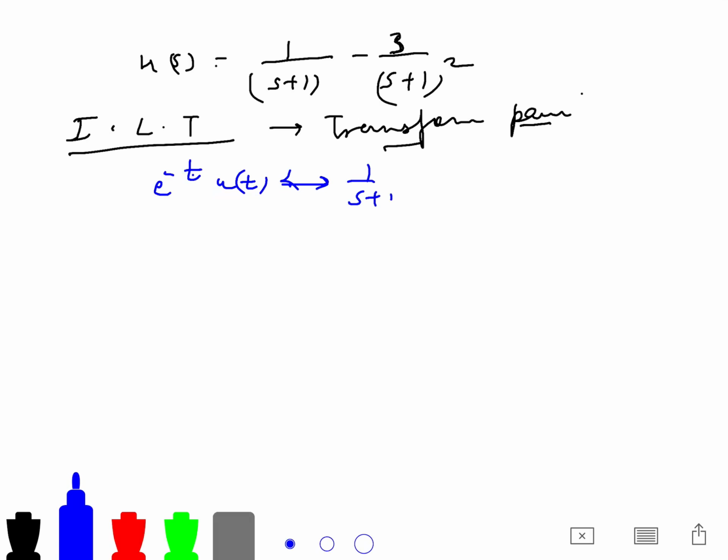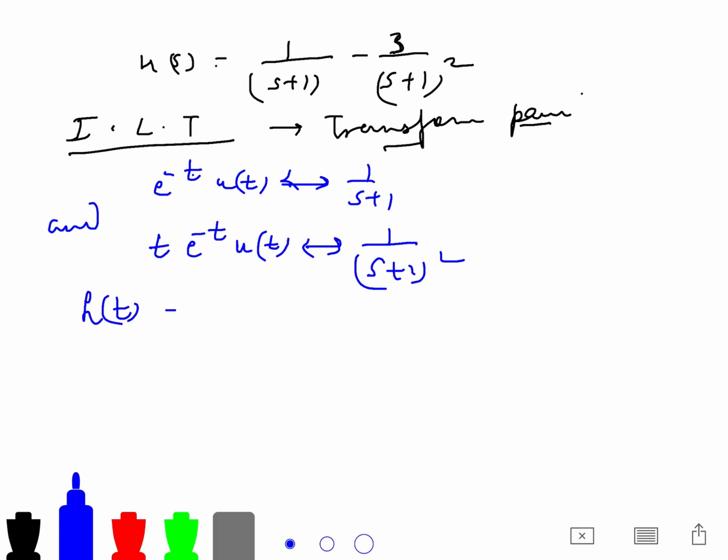As you know, the transform of e^(-t) u(t) is 1 upon s plus 1, and t e^(-t) u(t) has the Laplace transform 1 upon (s plus 1) whole square.